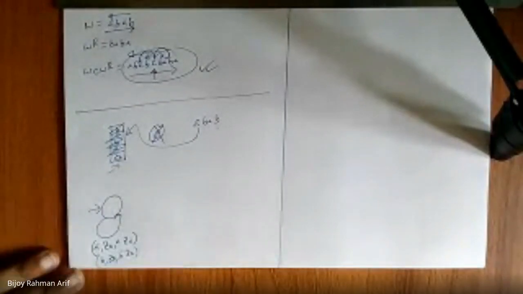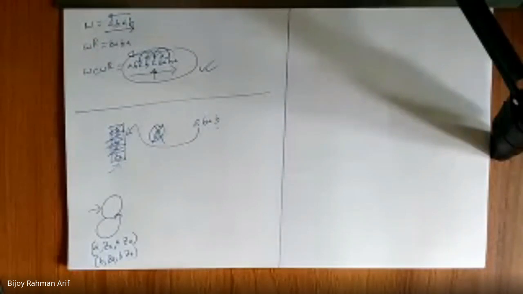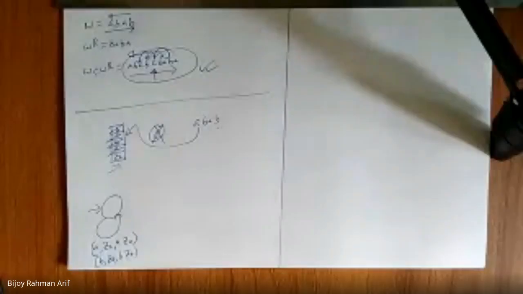Now after that, what am I going to do? Then again I might get more A and more B. So what can I do? Should I go to another state? Sir, another state, because Z0 is included here. Okay.